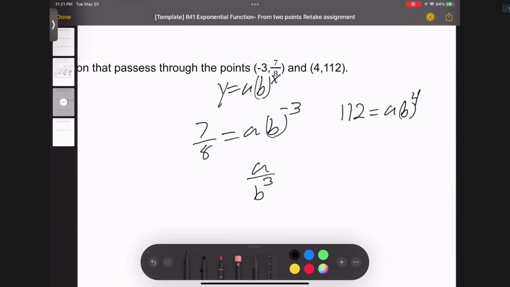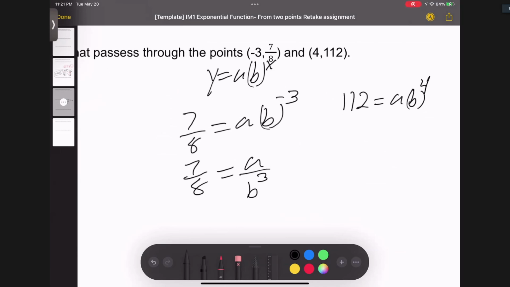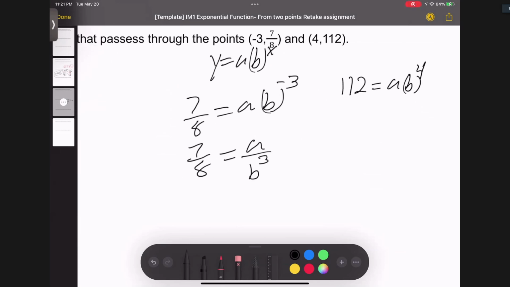Again, you want to get the actual exponent by itself, or you want positive, not negative, and then you would get a right here. You're going to have to multiply both sides by b to the power 3. This will be 7/8 b to the power 3 for a.